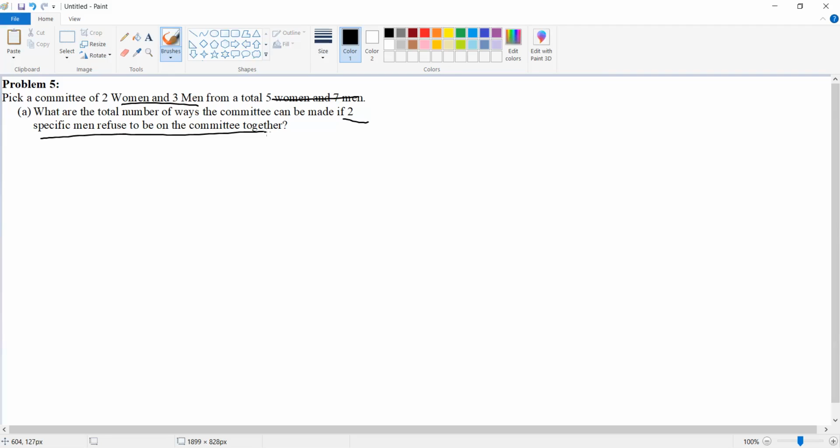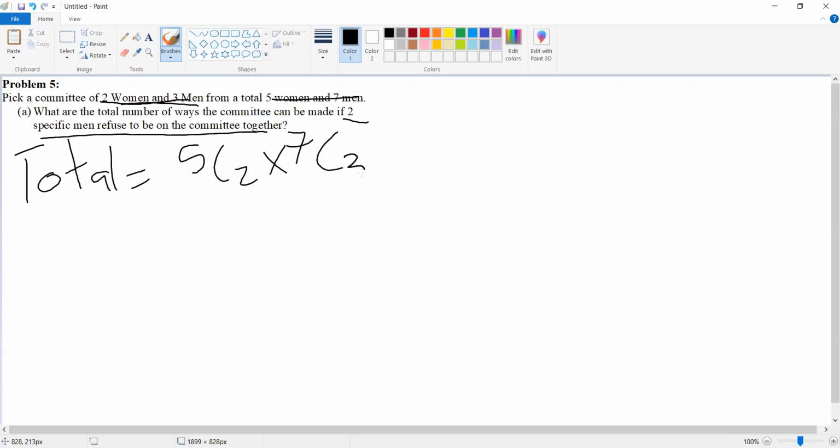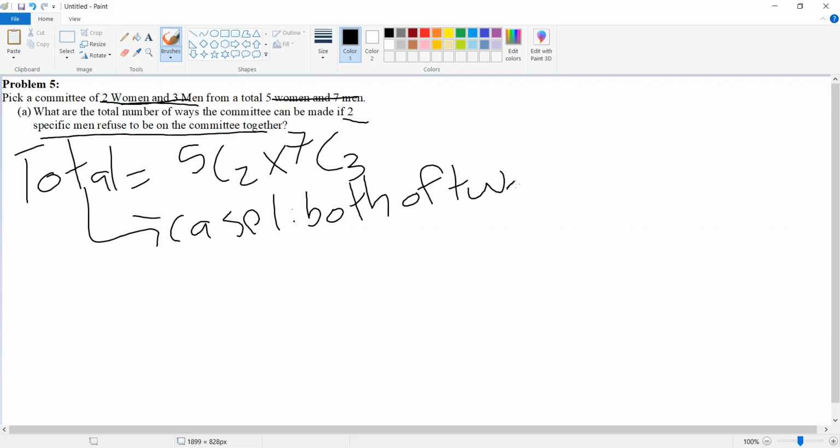Essentially, we could first find out the total number of ways that we can make the combinations without any restrictions, which is 5C2 times 7C3. Now this includes case 1, both of the 2 men who are fighting are together.